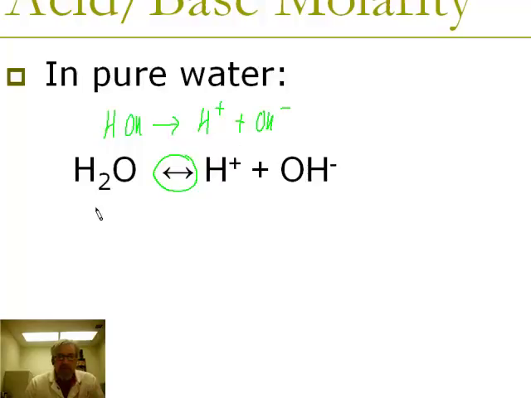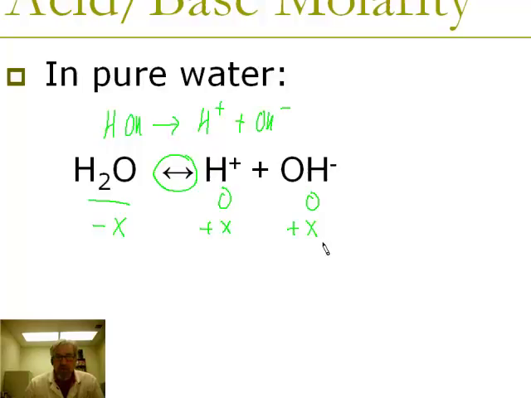So if I started out with some random number of water molecules and no H+ and no OH-, and I let this dissociate or ionize, I would lose some number of moles of H2O. I'm not sure how many, so I'm just going to say X. But however many moles of H2O I lose, I have to gain exactly that number of moles of H+ because it's 1 to 1. And I have to gain that number of moles of OH- also.